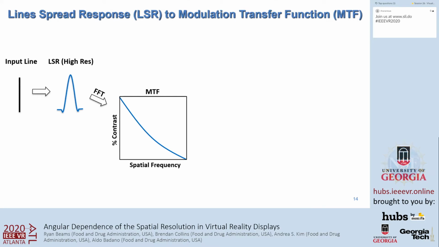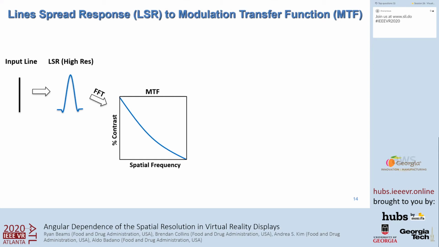Another way to consider how the resolution is changing is to change the line spread response into the modulation transfer function, which you can think of as the filter function for the optical system. If we start with our impulse response, or line, that we send in, we get some line spread response out.